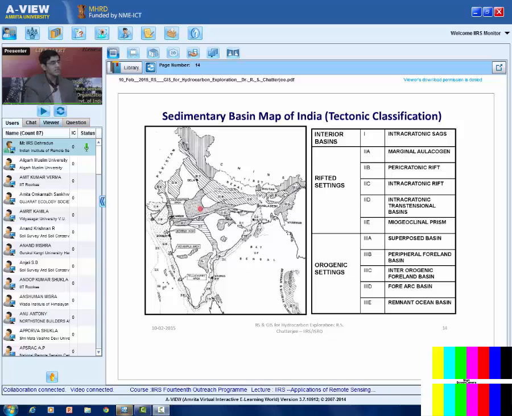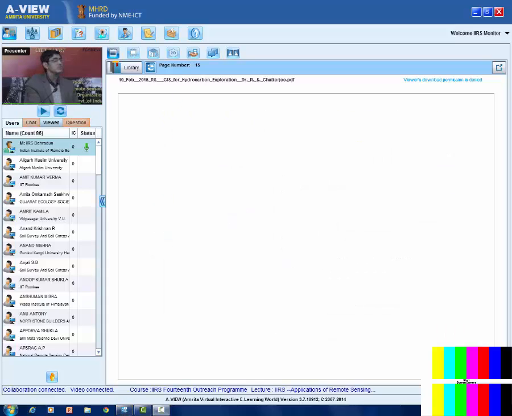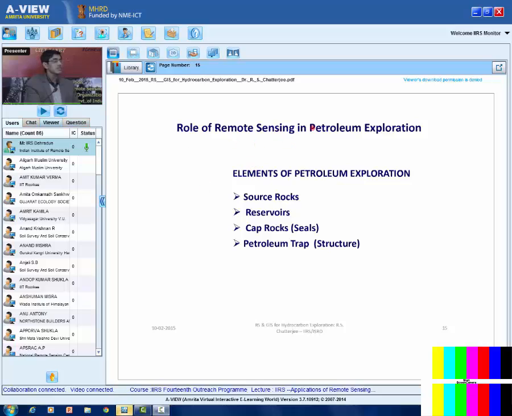Generally, in these sedimentary basins where a lot of organic matter was available and was buried, only then will you get the hydrocarbons. In some cases, these hydrocarbons may be coal, and in some cases where there is an oceanic environment, you can get the petroleum. So now, here is the role of remote sensing. What is our area of interest today?